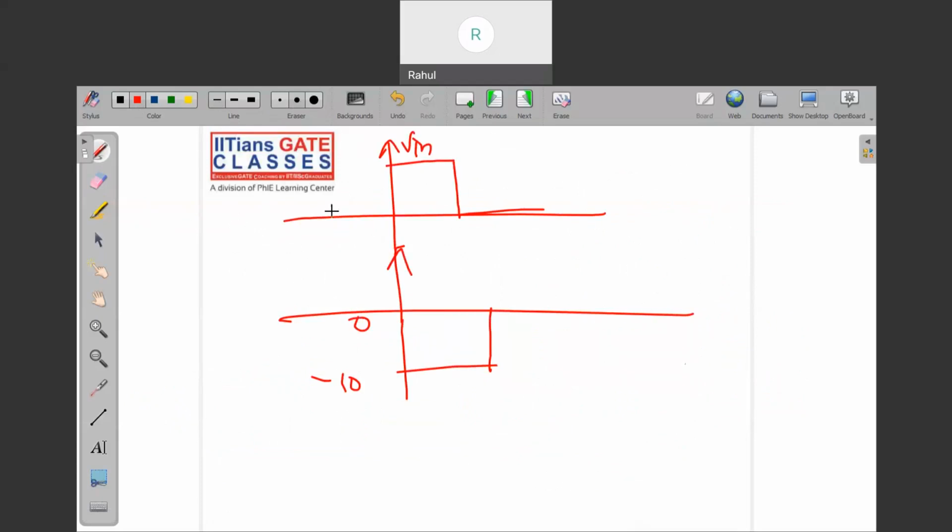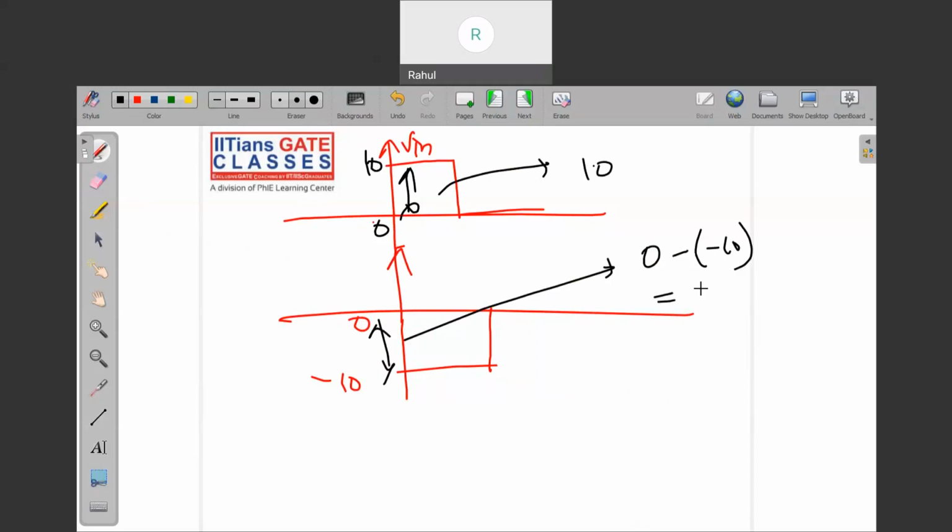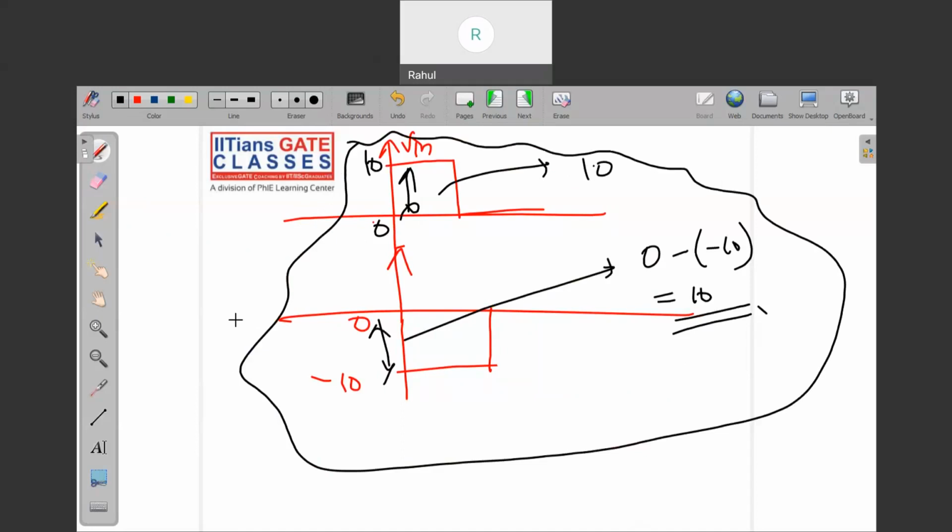So this was 0, and this is 10. The difference between maximum and minimum is 10, and here it is 0 minus minus 10, that is 10. So please keep this in mind: the difference between the maximum and minimum, peak to peak, is not changed if there is a clamping operation.